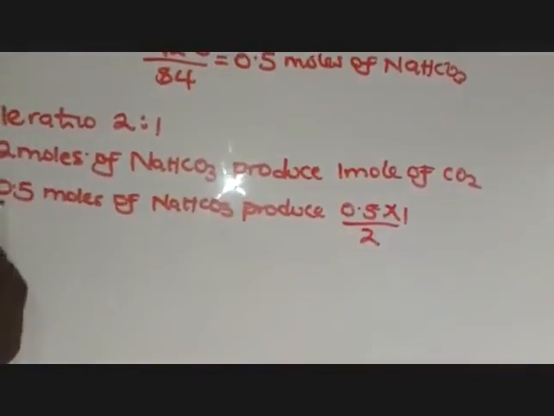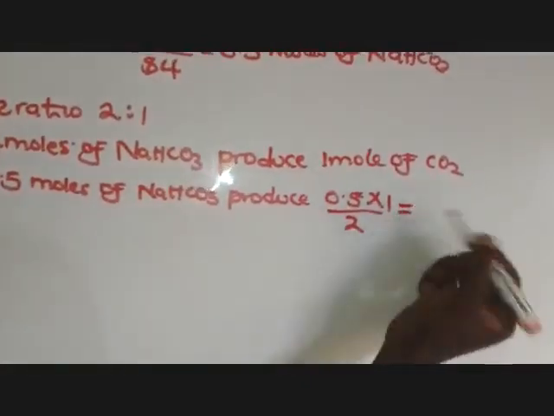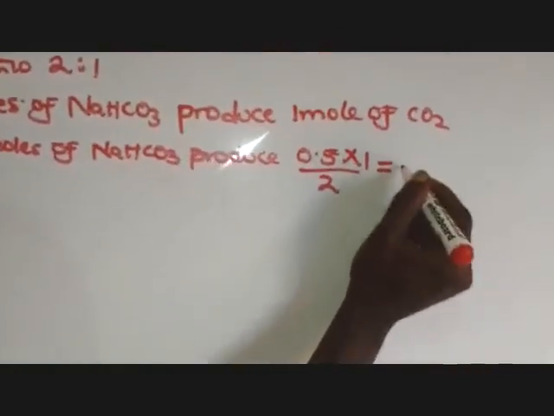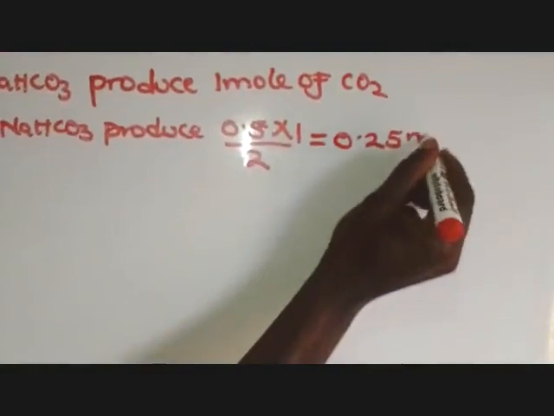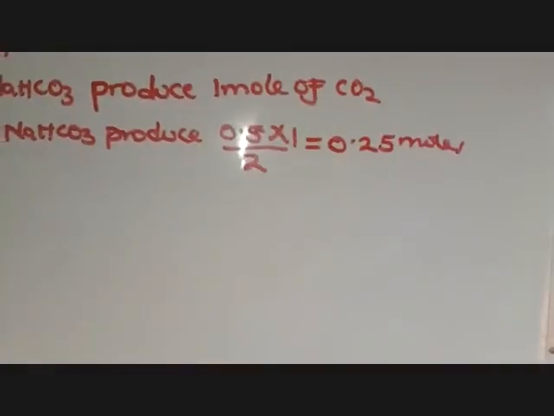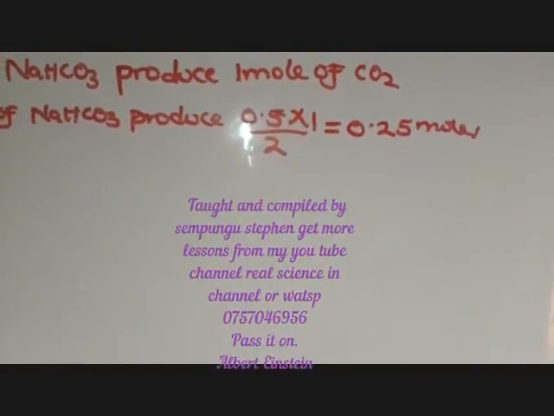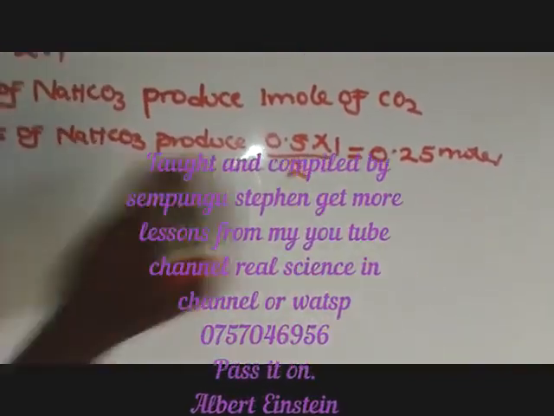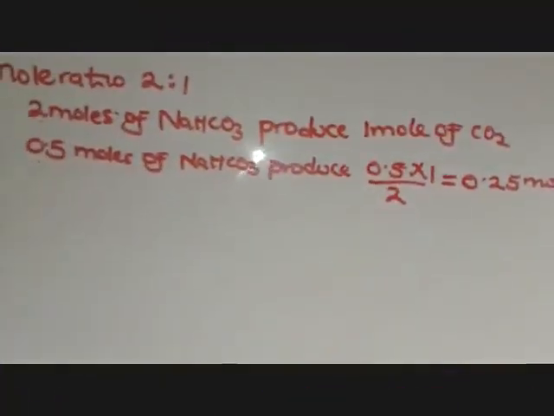So we are getting this one times this one divided by that one. And now here we are going to be having 0.25. You get your calculator and compute, and you see what you are getting. That is 0.25. Now after getting these moles, we are going to convert them into the volume.